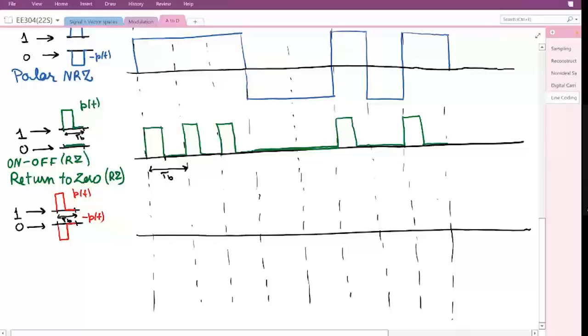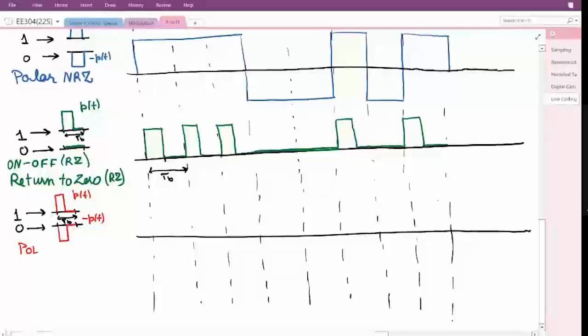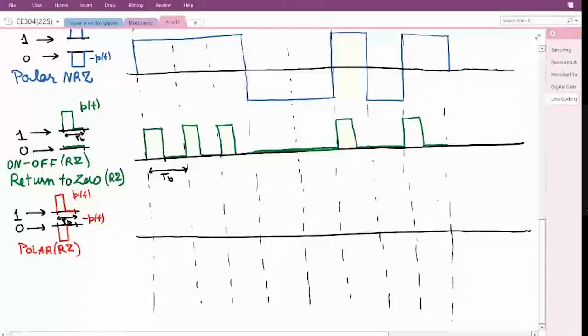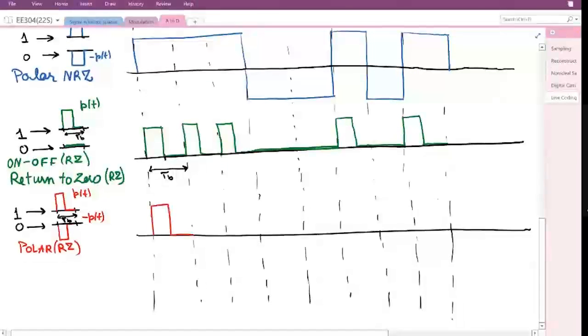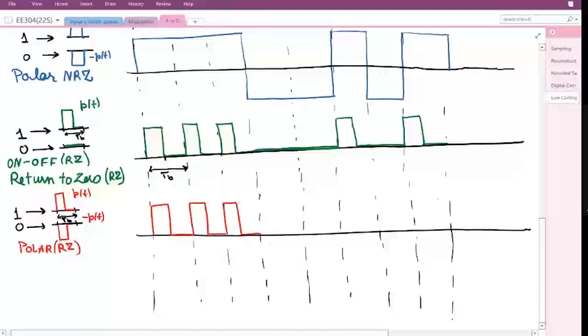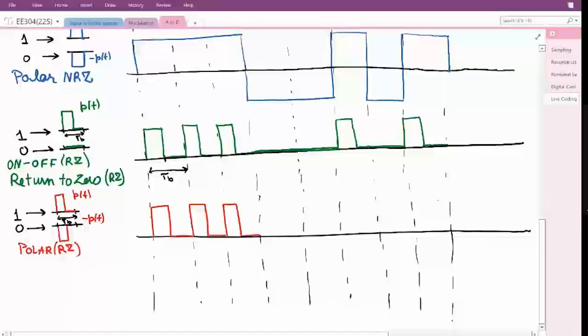And this scheme would be called polar RZ. For 1, we will have this as in the previous case, but for zeros, we will have negative like this.